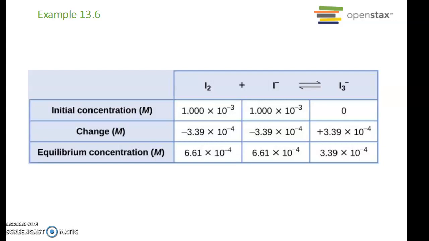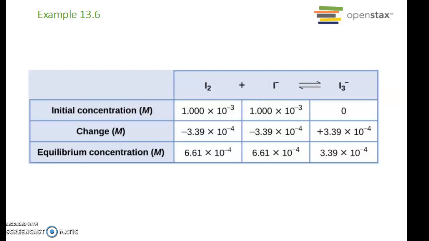You can then plug those in to the K equals 3.39 times 10 to the fourth in the numerator, and both 6.61 times 10 to the minus 4 and another 6.61 times 10 to the minus 4 are going to be in the denominator. And you can see this is example 13.7.